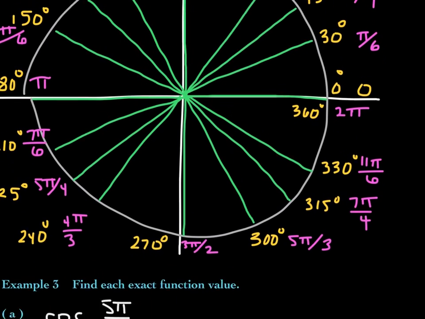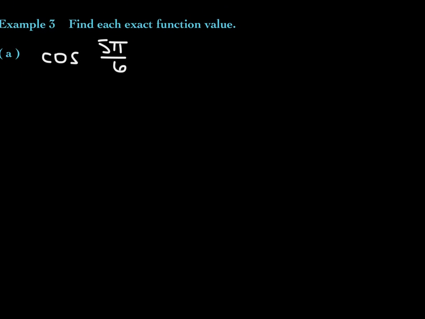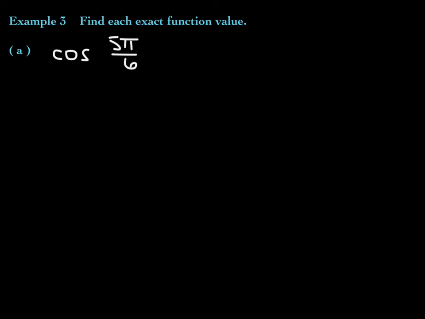150 degrees. So let me go back to my problem here, and I am going to say that cosine of 5 pi over 6 is exactly equal to cosine of 150 degrees, which is equal to, now using a reference angle, the reference angle for 150 degrees would be 30 degrees.